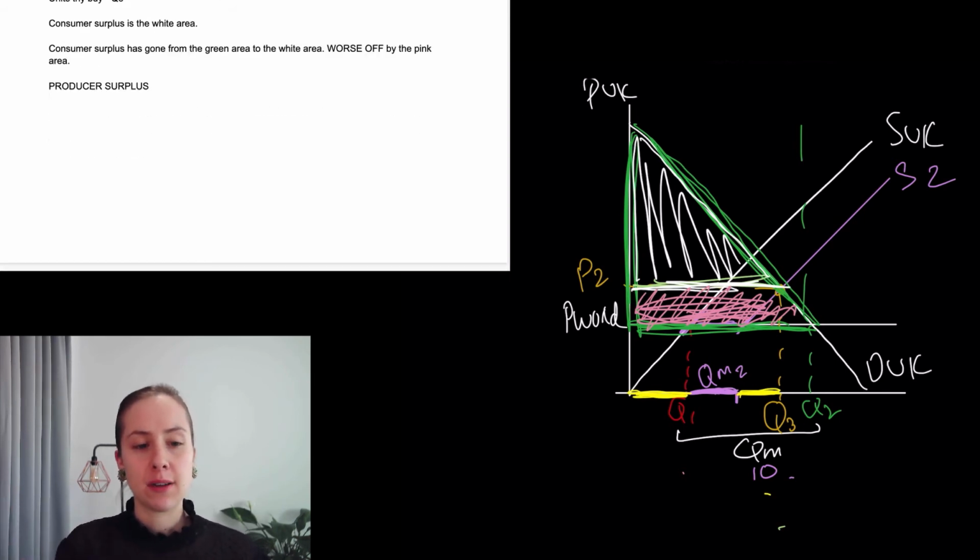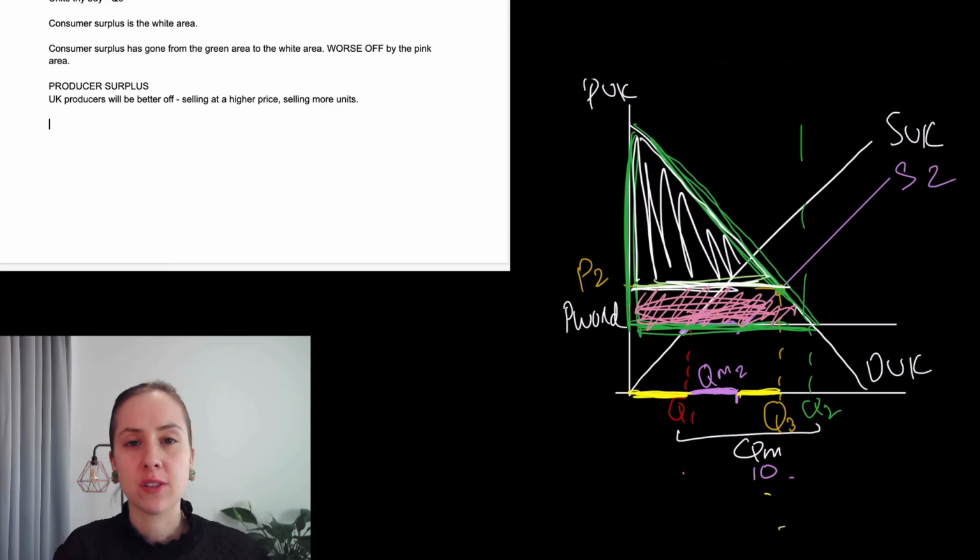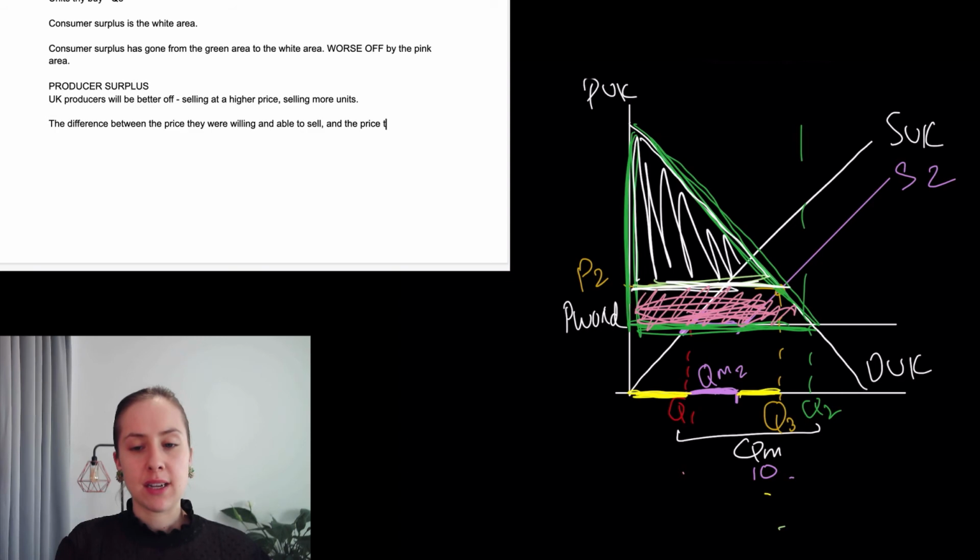Intuitively, we think that UK producers will be better off because they are selling at a higher price and they're also selling more units. But let's look at the definition and just make sure that we've got the producer surplus drawn well. So it's the difference between the price they were willing and able to sell for, and the price they actually sold for, for all units that they sold.